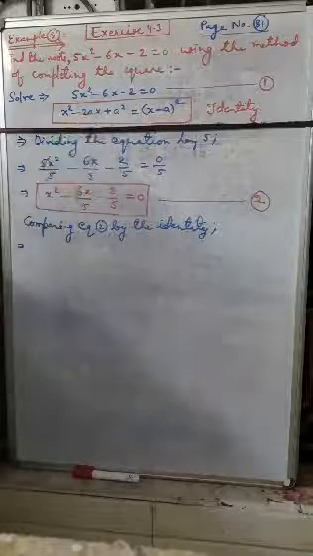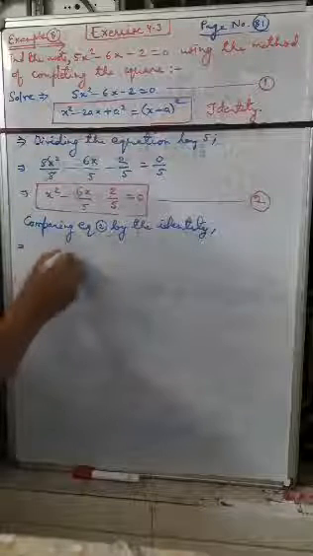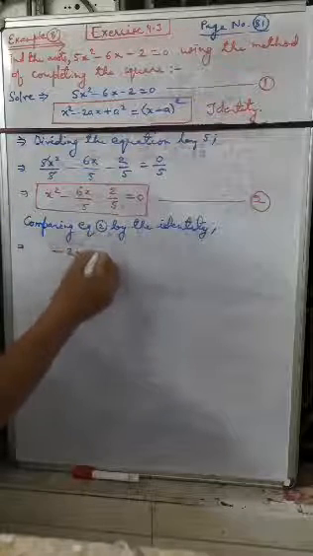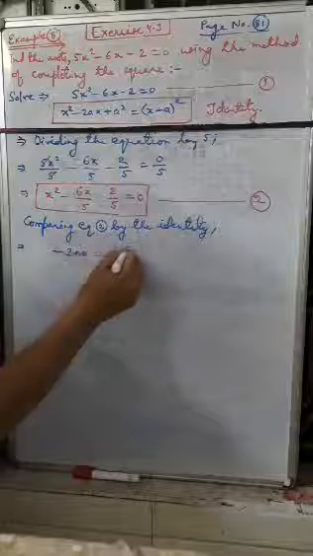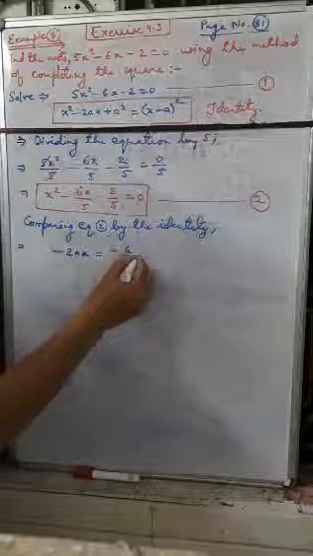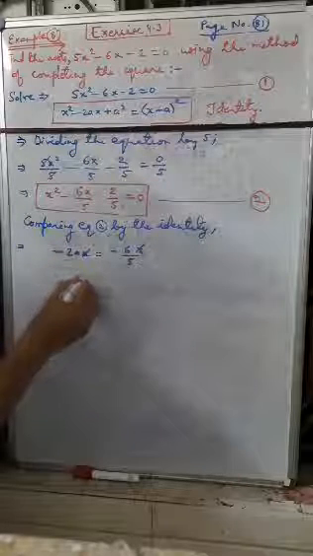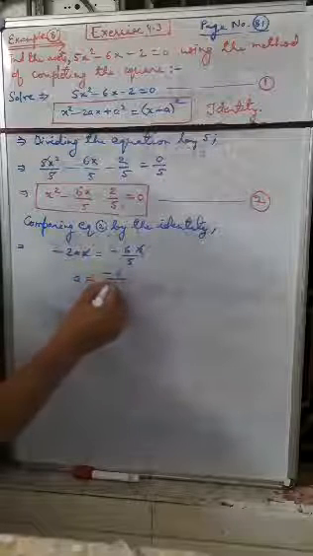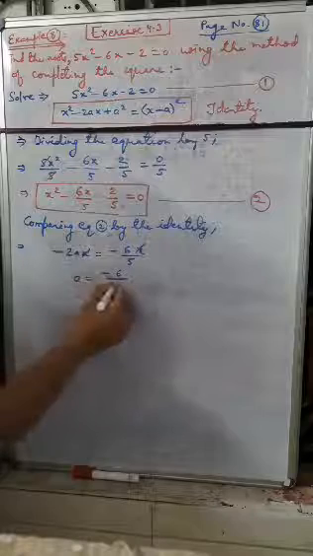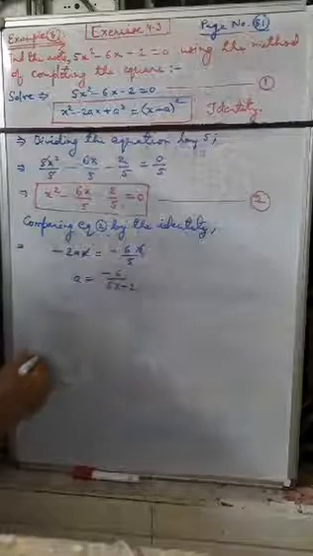So the coefficient of x is minus 2a here, and here the coefficient of x is minus 6 by 5. So x cut, we can find out a is equal to minus 6 by 5, and minus 2 will be transferred to the denominator of the right hand side.